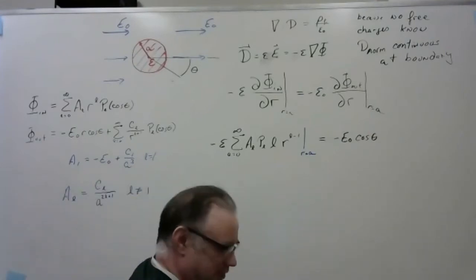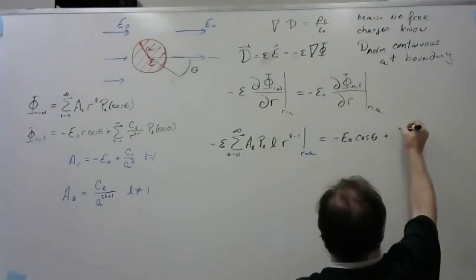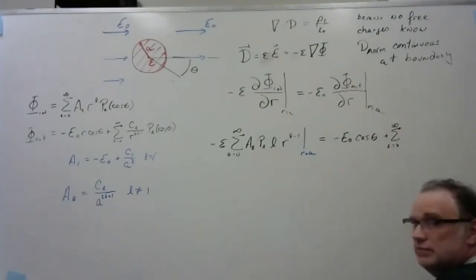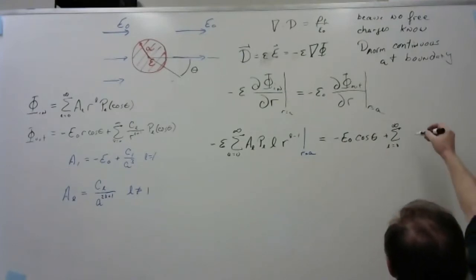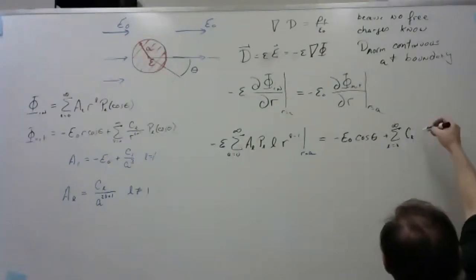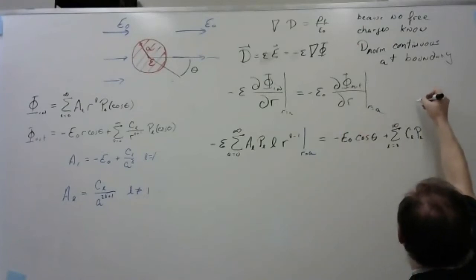So I have plus some L equals 0 to infinity of CL, PL, and now I'm taking a derivative of this. So r to the negative L plus 1.